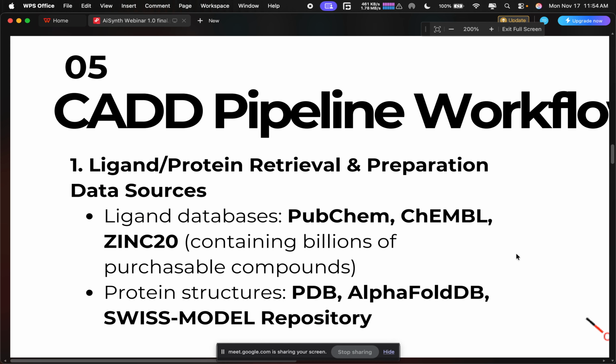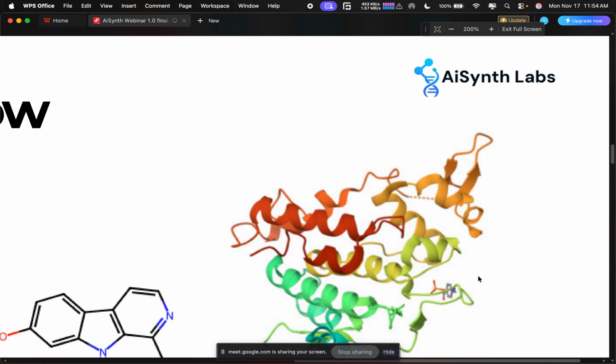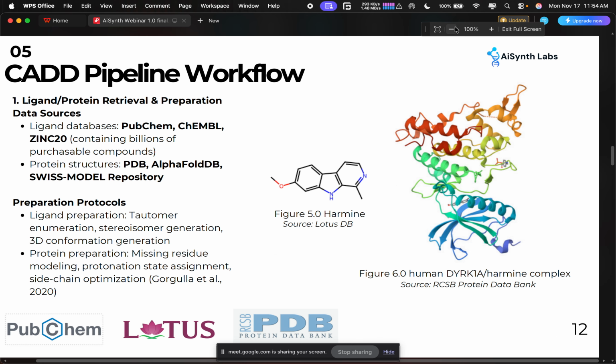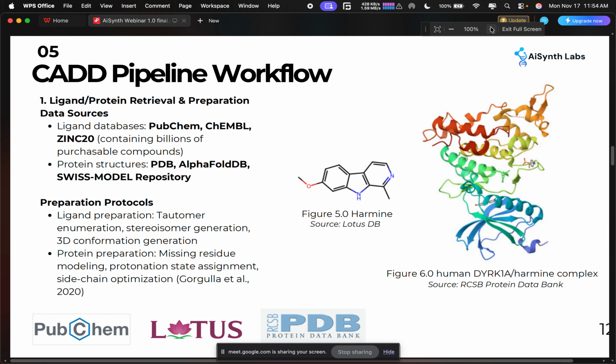You find out that the protein comes with, as you can see, this tiny thing here. That is the co-crystallized ligand. So when you get it from your protein database, it comes with a co-crystallized ligand. So what you will just be doing is looking to better the binding score of this co-crystallized ligand. And since you have a co-crystallized ligand, you have a structure, then you can look to do structure-based drug design.